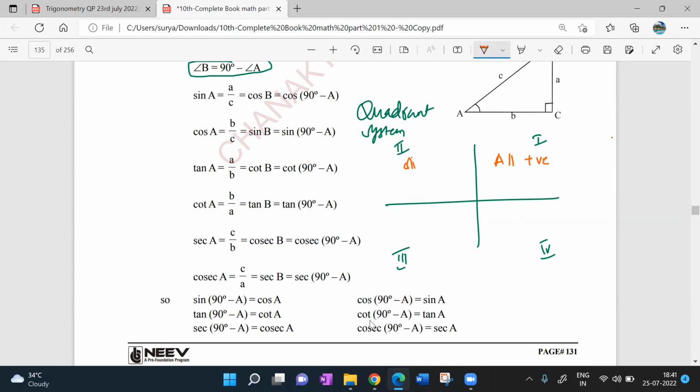In the second quadrant, sine theta and cosec theta would be positive. Next, tan theta and cot theta would be positive. Here, secant theta and cos theta would be positive.